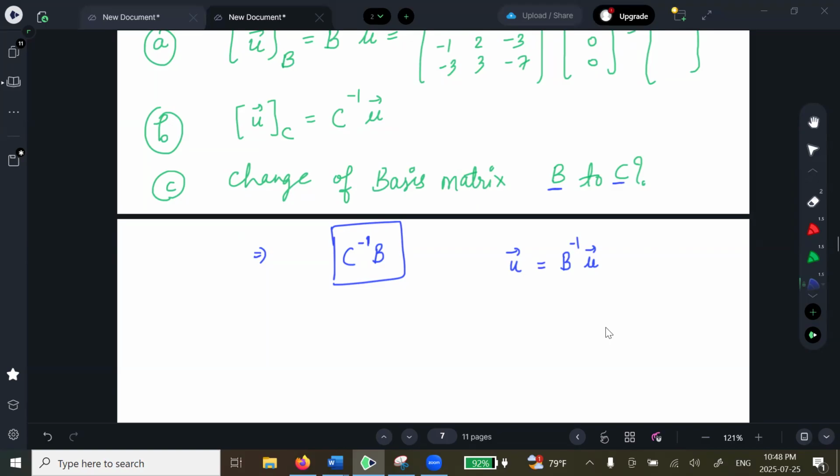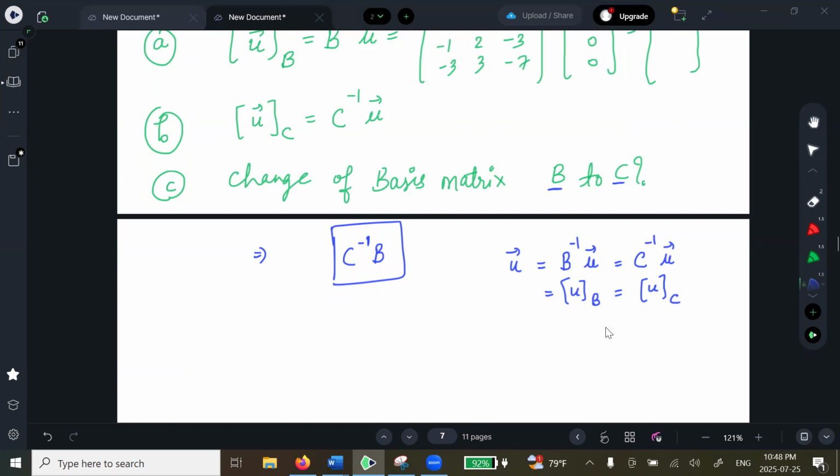And it can be represented with the ordered coordinate C with this formula. So this is nothing but the vector in terms of the ordered space B, and this is that. Now, if I want to go from B to C, what do I do?